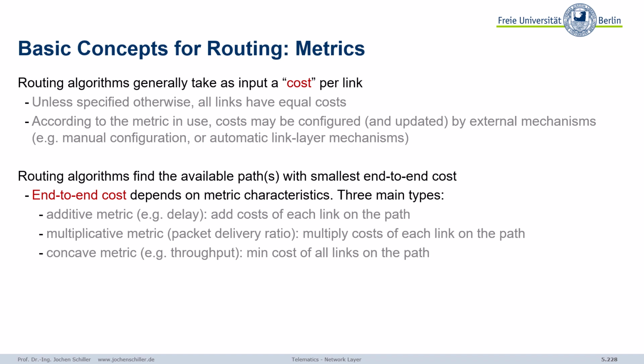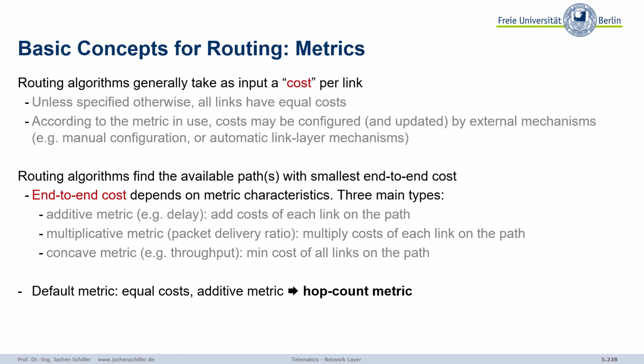Think of it: if you drop some packets, especially if you have wireless links, then you multiply the values of each link on the path. And we have metrics where you take the minimum, for example throughput. If you take the throughput for all the links, you look for the minimum, and this is the overall throughput of the path.